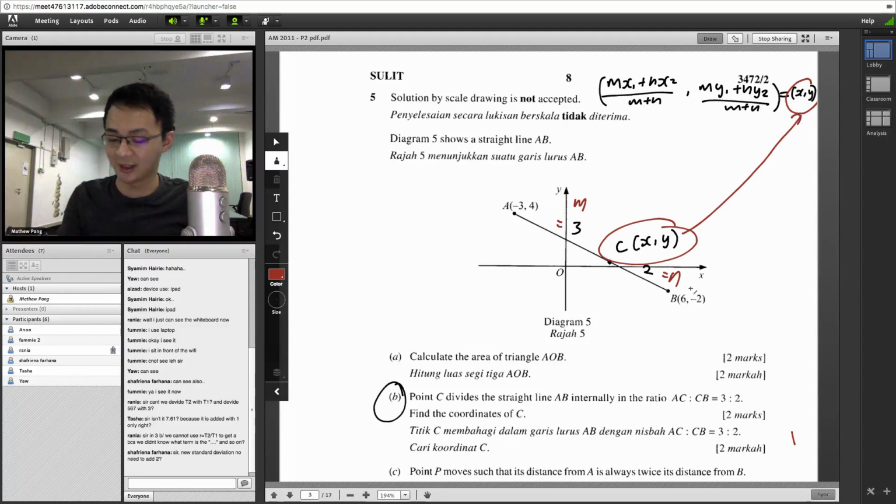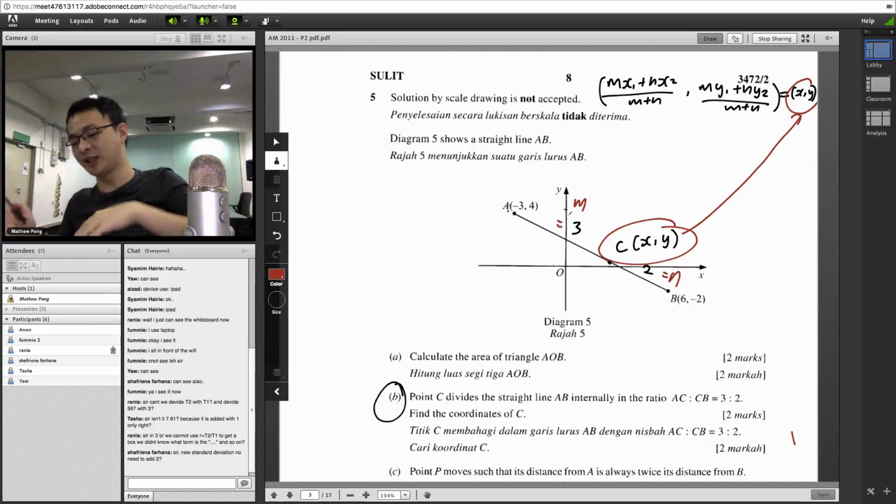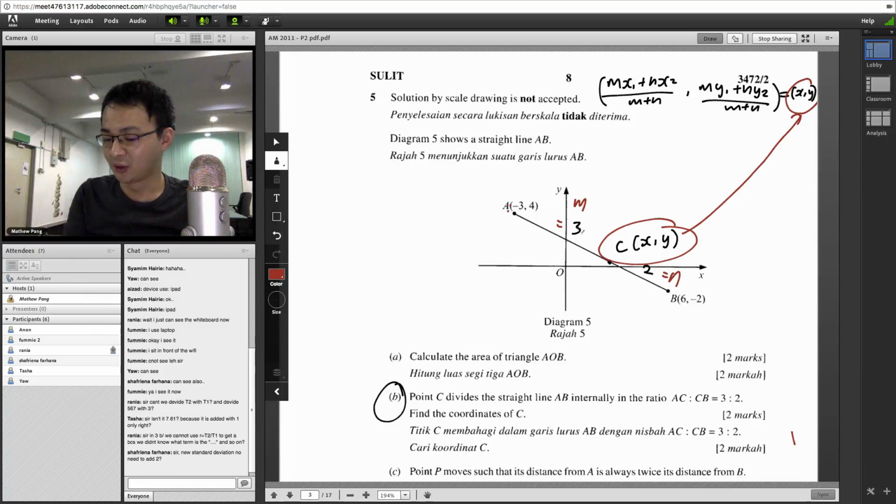So let's see. Whenever you have m, you cannot multiply it with -3. The x1 must be the coordinate further from the m. If your m is here, you have to multiply the coordinate which is further. So I cannot multiply this coordinate because it's too near; I have to multiply the further one.